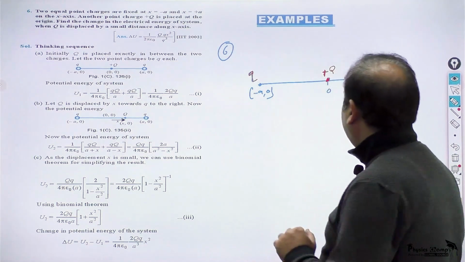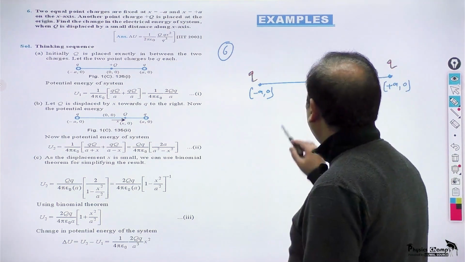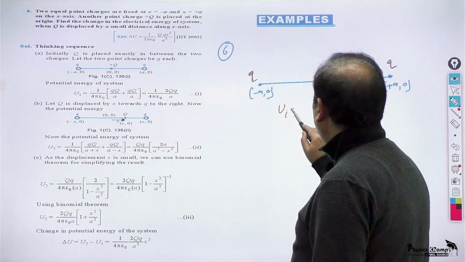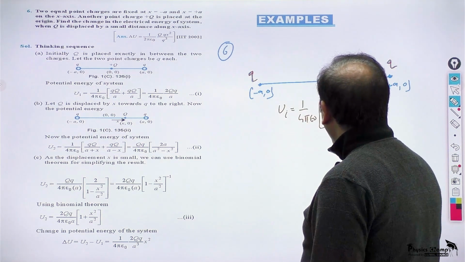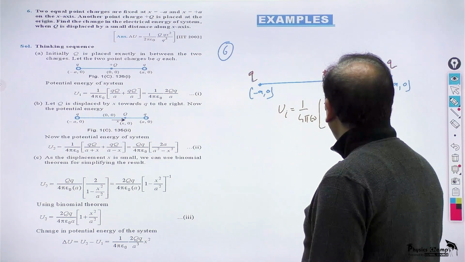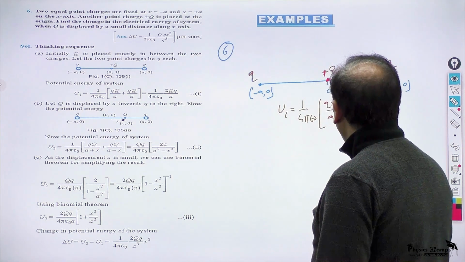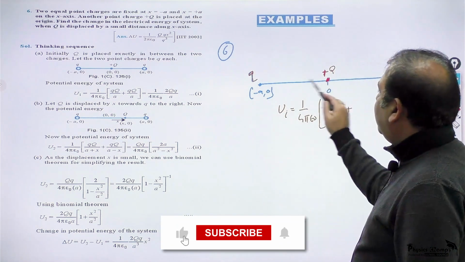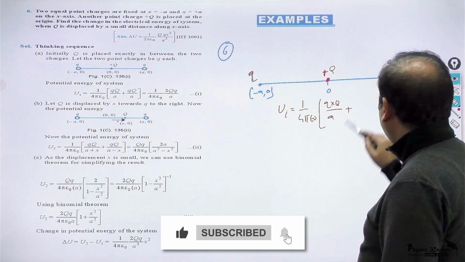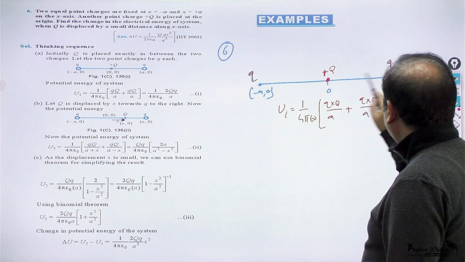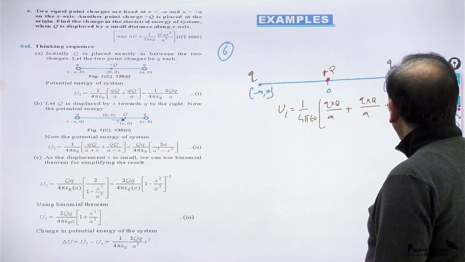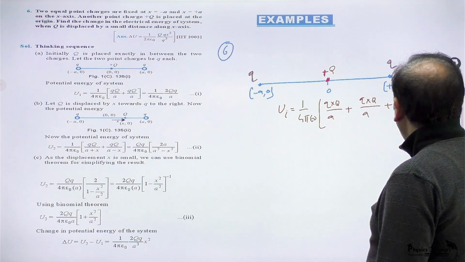So first, what will be the electric potential energy now? Initially, it will be 1 by 4 pi epsilon naught into q Q divided by a. Doesn't matter, we just want the magnitude of the separation. q into Q divided by a for this and this combination, plus q into q divided by 2a.